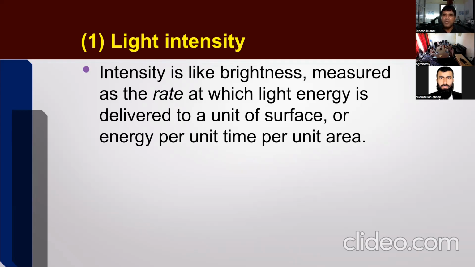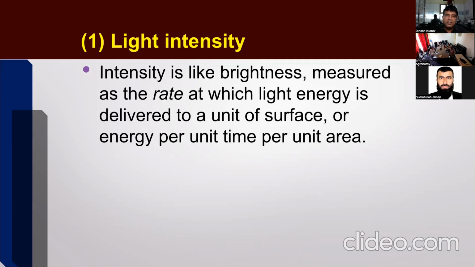Brightness. Sometimes during the daytime, you will have clouds in the sky, and light is not that much intense. Light is not that much bright. It is shade all around. So light intensity is actually brightness, how bright the light is.